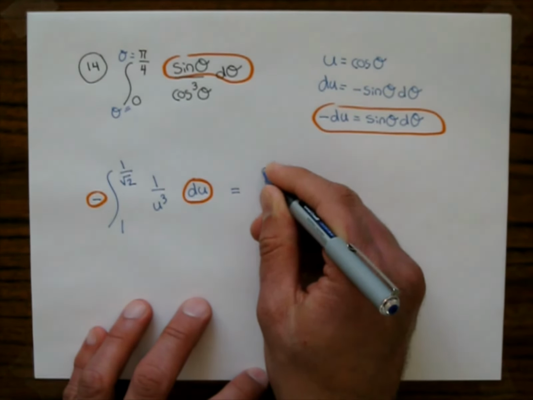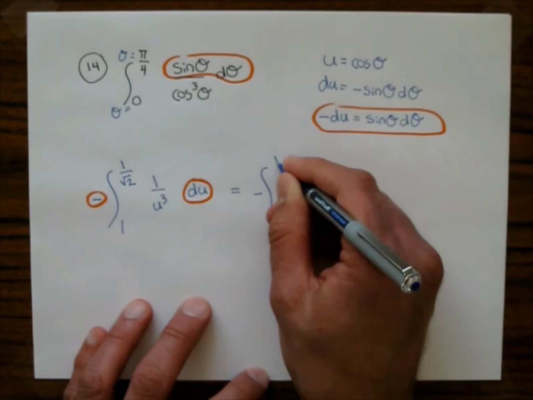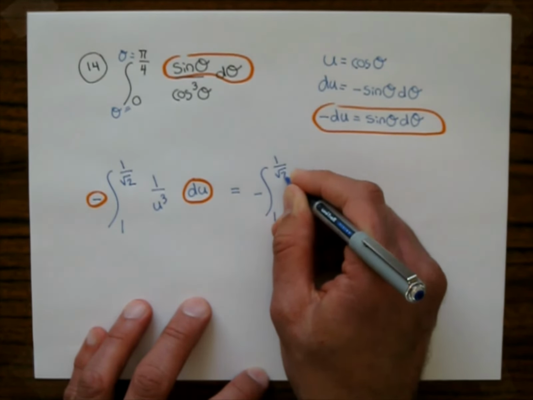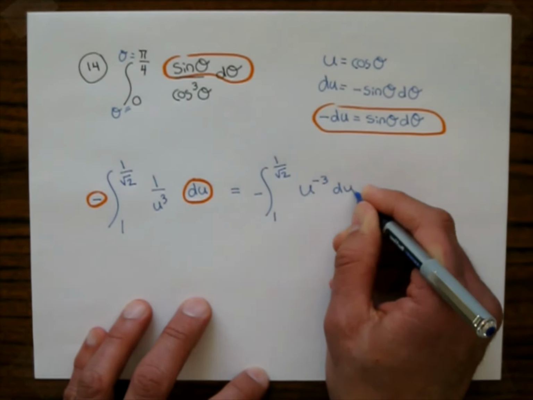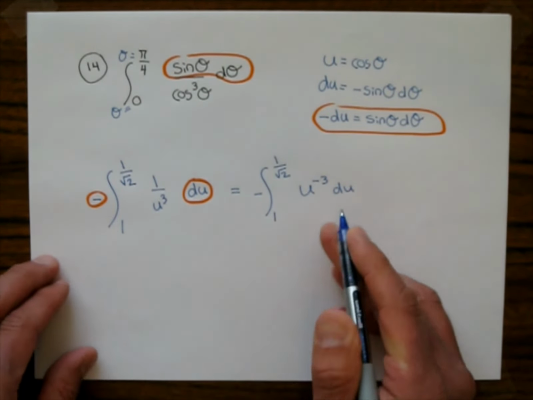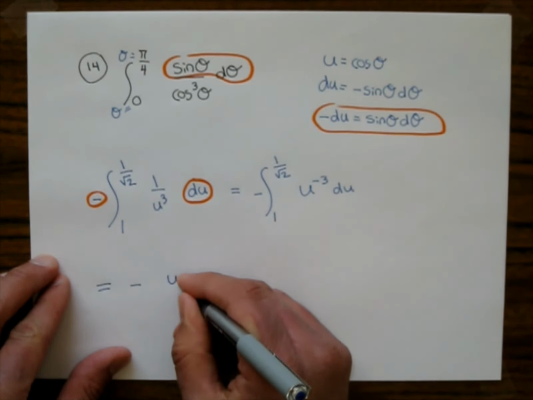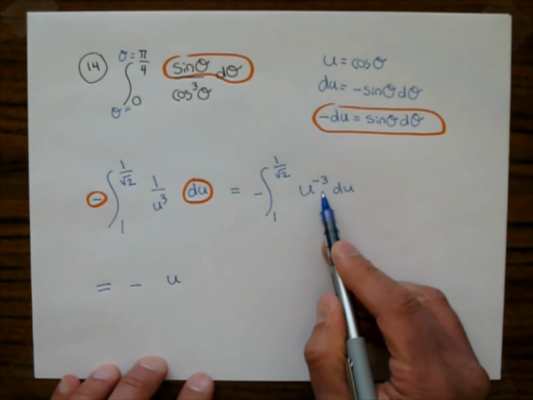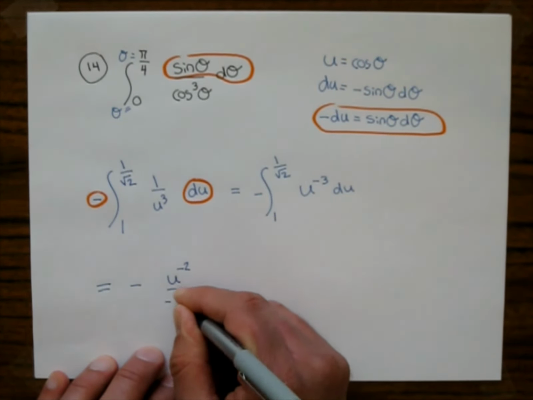So let's continue. These are u values now, 1 up to 1 over root 2. This is u to the negative 3, so we can do the power rule a little better. This is going to be u to the negative 2 divided by negative 2.